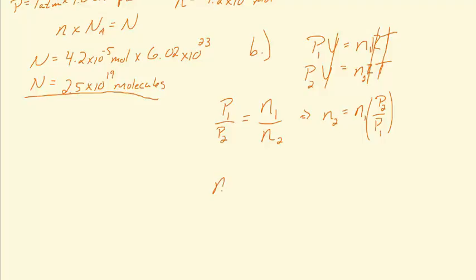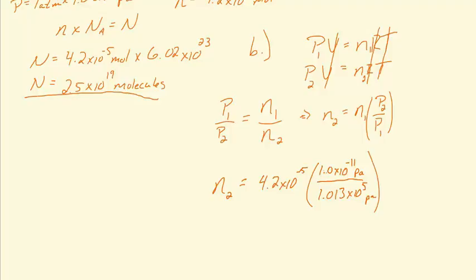So we see that N2 is equal to the number of moles in the container for our first scenario, which was 4.2 times 10 to the negative 5th, multiplied by our second pressure, which is stated to be changed to 1.0 times 10 to the negative 11th pascals, divided by our pressure at standard atmospheric pressure, which is equal to 1.013 times 10 to the 5th pascals.